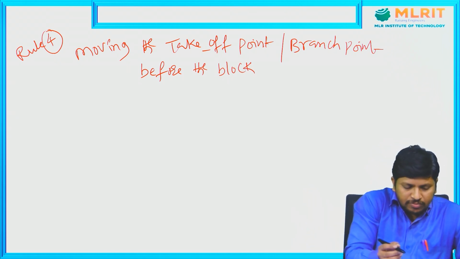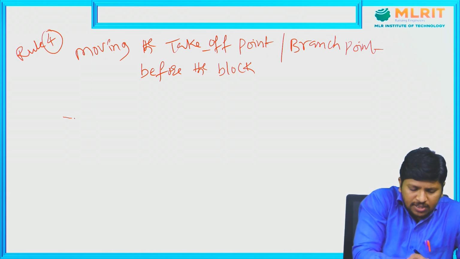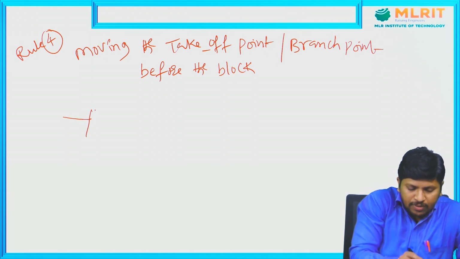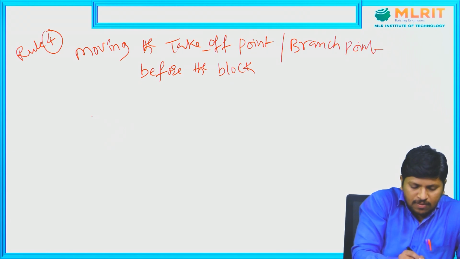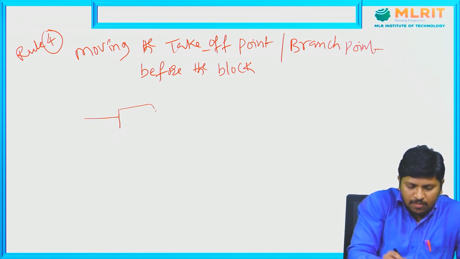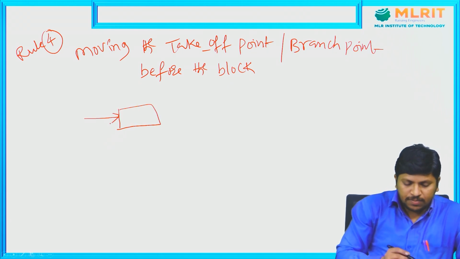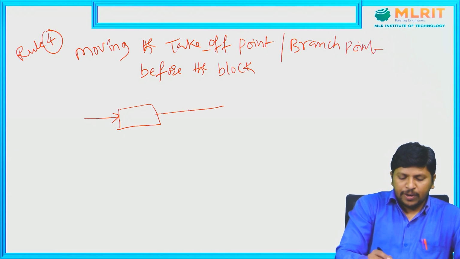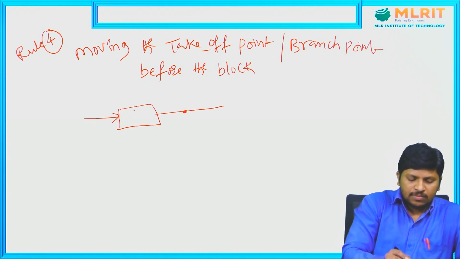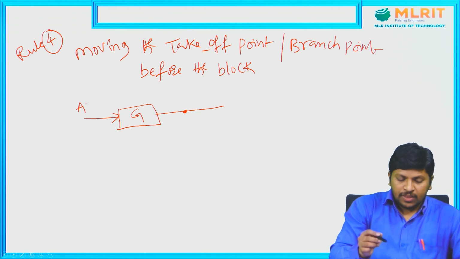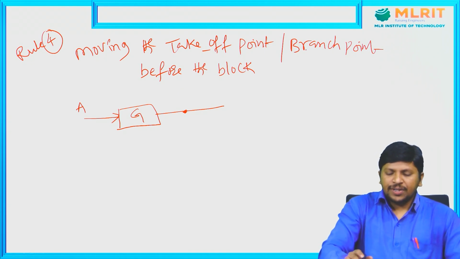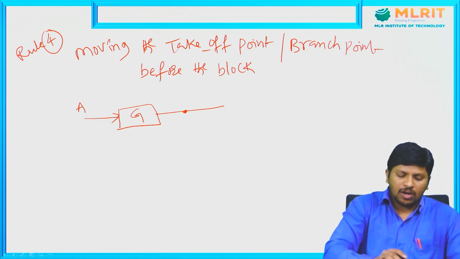Here now I am going to consider just one block. Here take up point, block value is G, input signal is A. Now moving the take up point or branch point before the block.